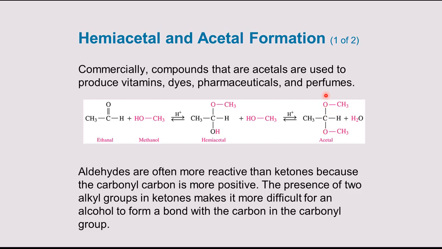And then you will also end up with a byproduct of water, where this oxygen was the aldehyde oxygen from our aldehyde, and the hydrogens are the two hydrogens that were coming off of the two molecules of alcohol that were needed to make the acetal.